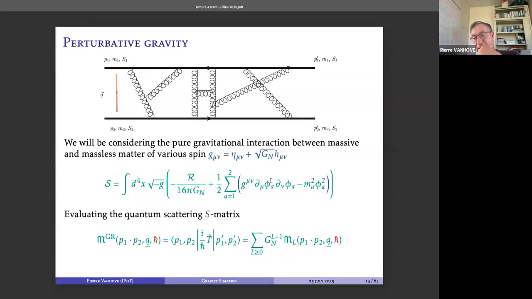This coupling is extracted by having h mu nu multiply d mu phi d nu phi. This is the minimal coupling imposed by diffeomorphism invariance and the symmetries of gravity. The couplings between the gravitons are obtained by expanding the Ricci scalar, and because of all this inverse metric, there are interactions to all orders.